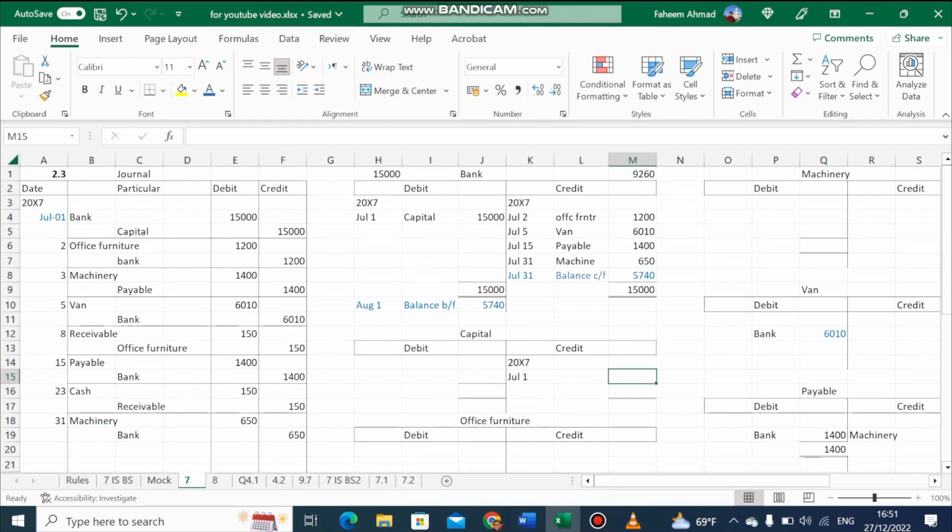So I will write here 15,000 capital credit. What is the opposite entry? Opposite entry is bank. Going to post here bank. That's it. There is no other entry for capital. So I'm going to calculate balance carried forward.